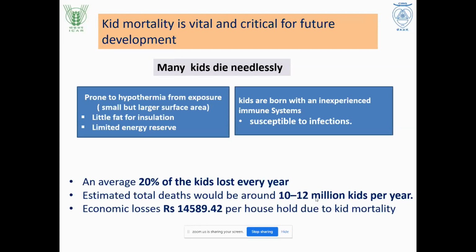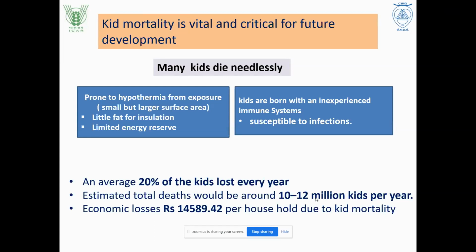And when it is born, there's little fat for insulation, not providing sufficient protection from the environment, especially in the winter season or harsh seasons, and there is limited energy reserve. So because of this factor, it is very prone to exposure to the environment.